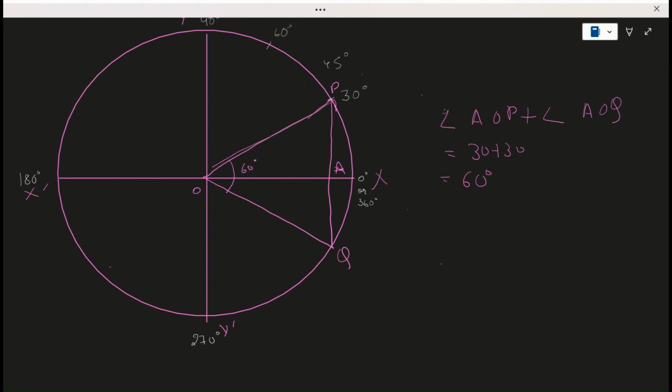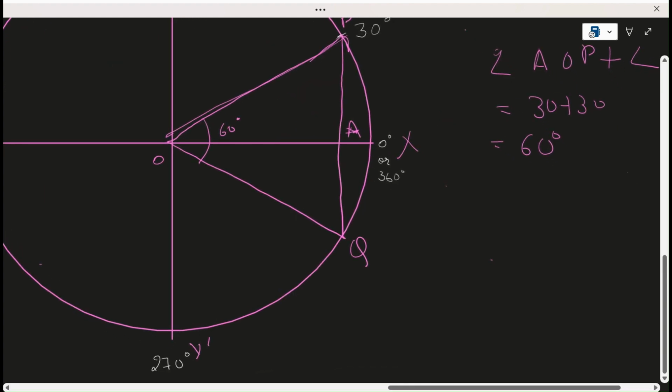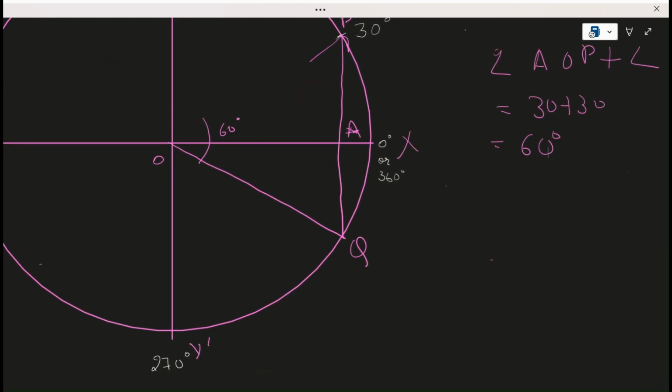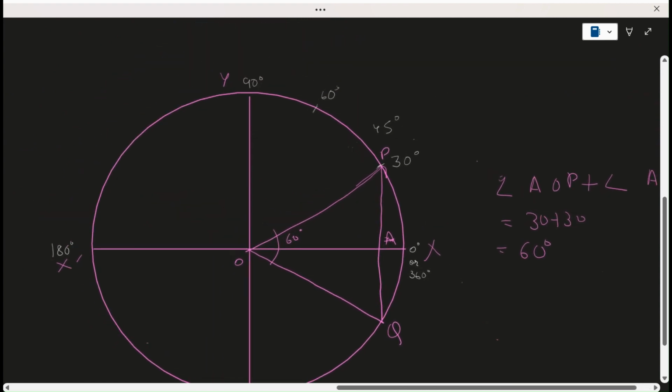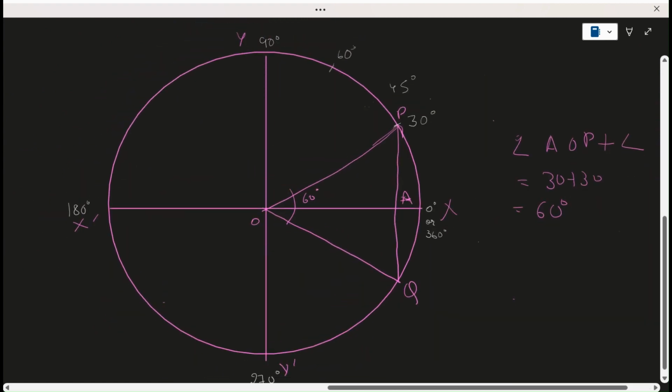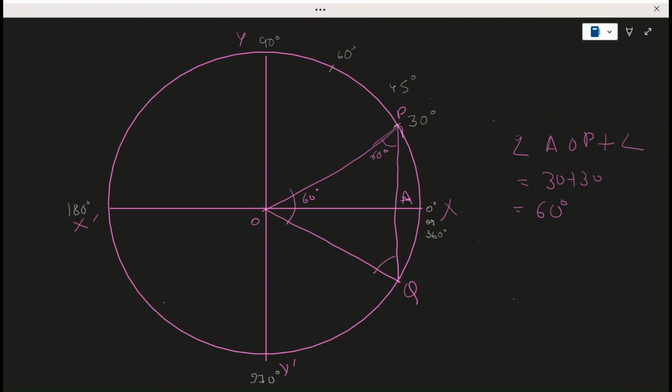Suppose this is an equilateral triangle. In an equilateral triangle all sides are equal and all angles are also equal. So this will again be 60 degree and this will be 60 degree.